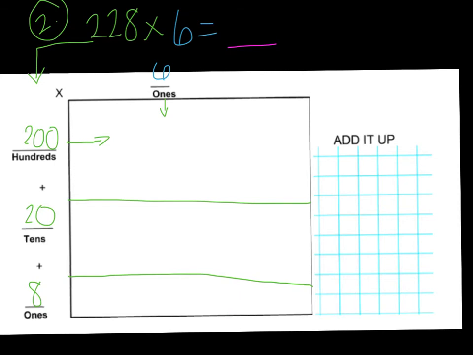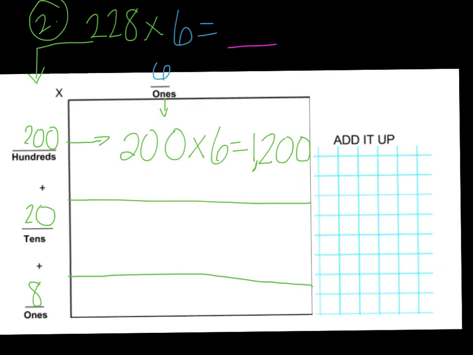So 200 times 6, remember our trick, cover up those zeros. 2 times 6 is 12. And then I need to add my 2 zeros back. So my answer for the first multiplication problem is 1,200.